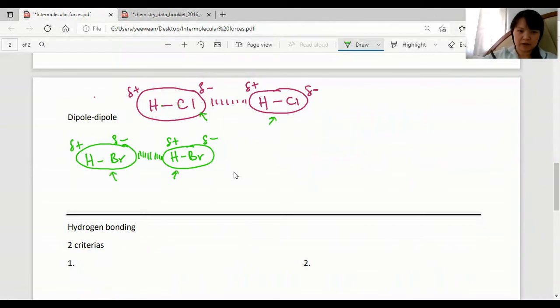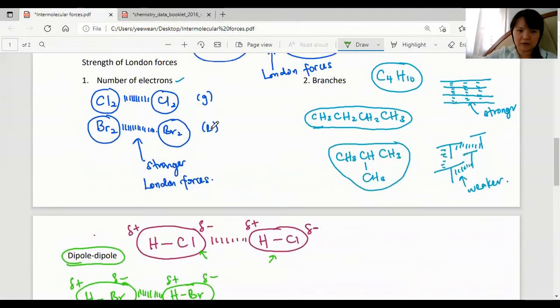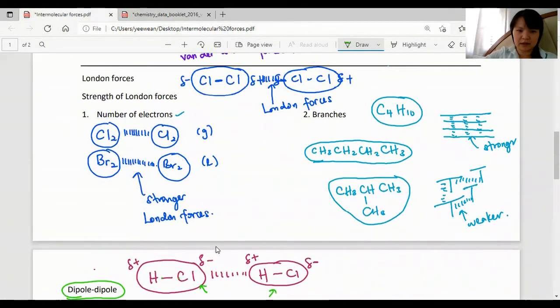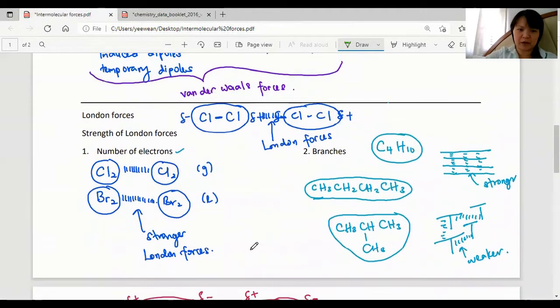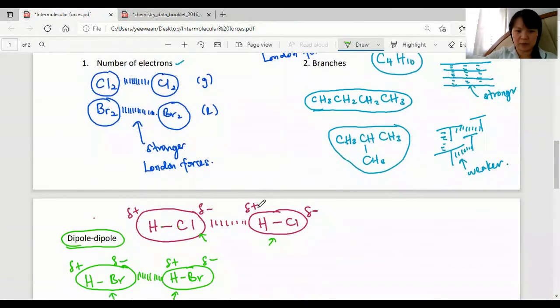But remember this, something that has dipole-dipole forces will also have London forces because it also contains electrons. Now, sometimes the electrons are a lot, so the London forces can overcome the permanent dipoles. So it might be even stronger than the permanent dipoles.